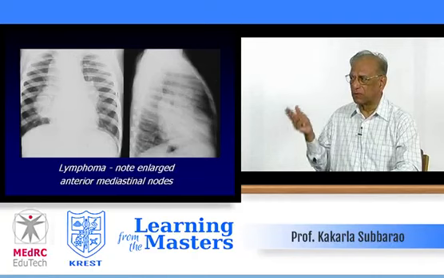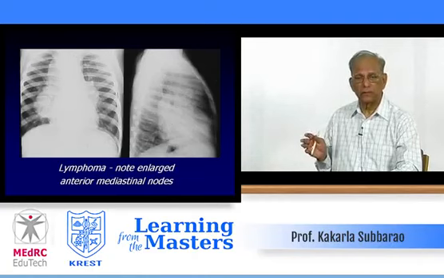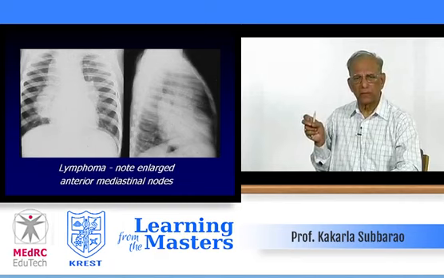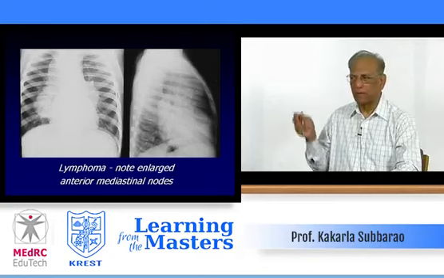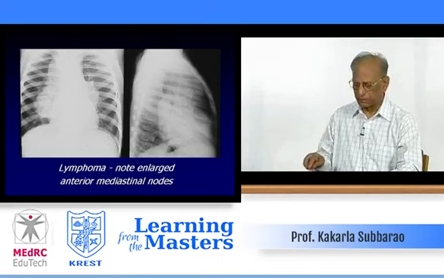In the lateral view, it is anterior mediastinal enlargement. Although in tuberculosis, anterior mediastinal nodes or pretracheal nodes may enlarge, it's more common in lymphoma. This is a case of lymphoma showing huge nodes in the anterior mediastinum.